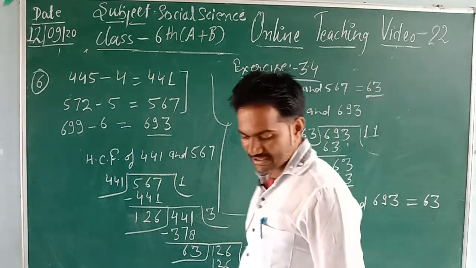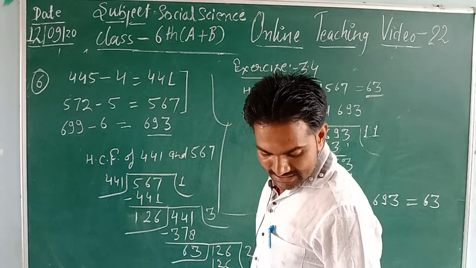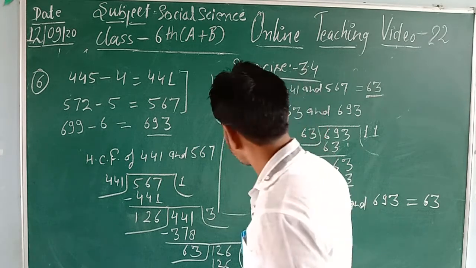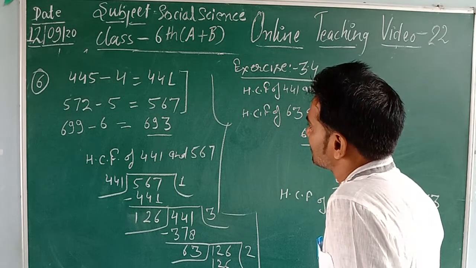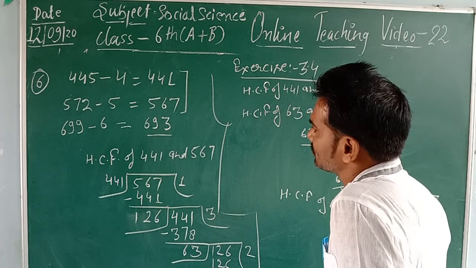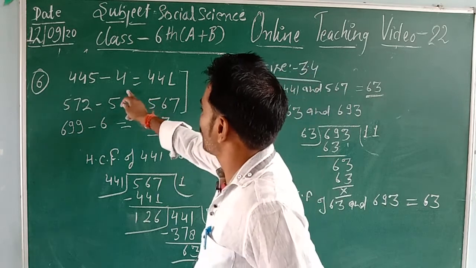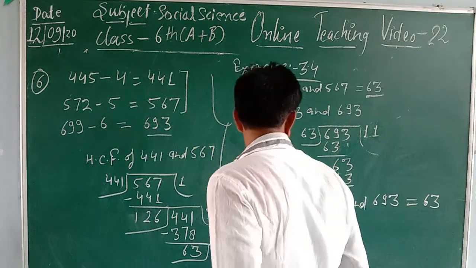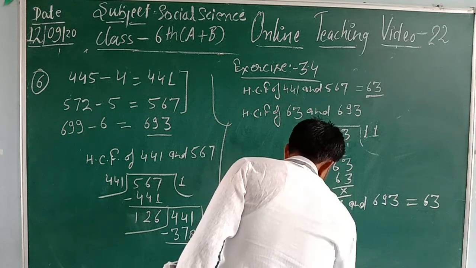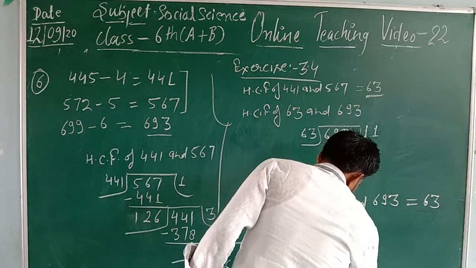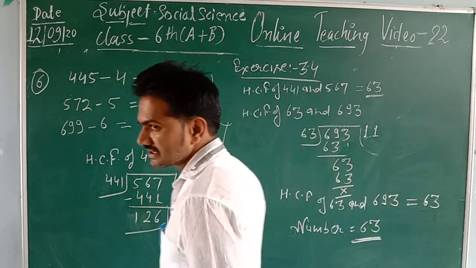So we can say that 63 is the greatest number which, when it divides 445, 572 and 699, gives the remainders 4, 5 and 6 respectively.